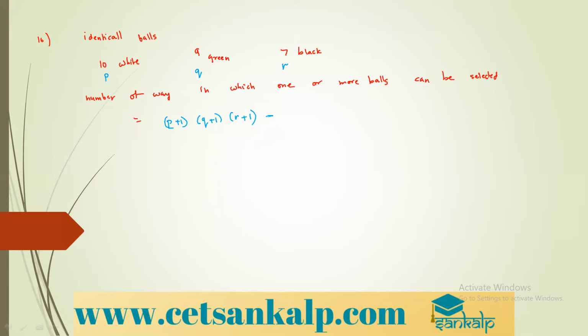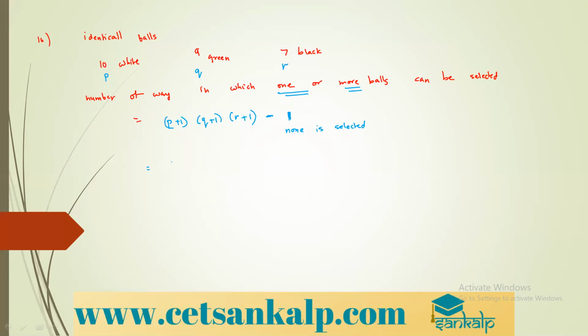But you have to subtract the one case where none is selected. Nothing is selected, because they said you have to select one or more. You can't just say, I will not select anything. That is why I'm subtracting this one case.